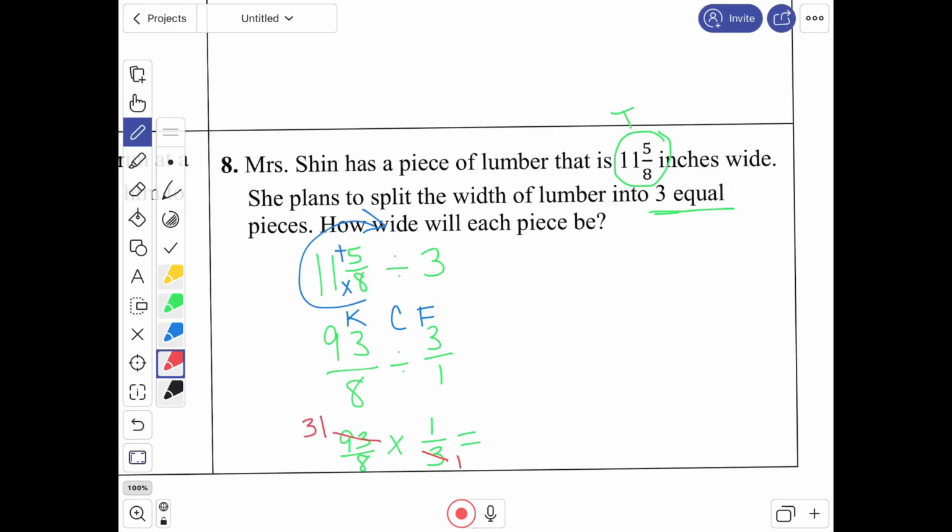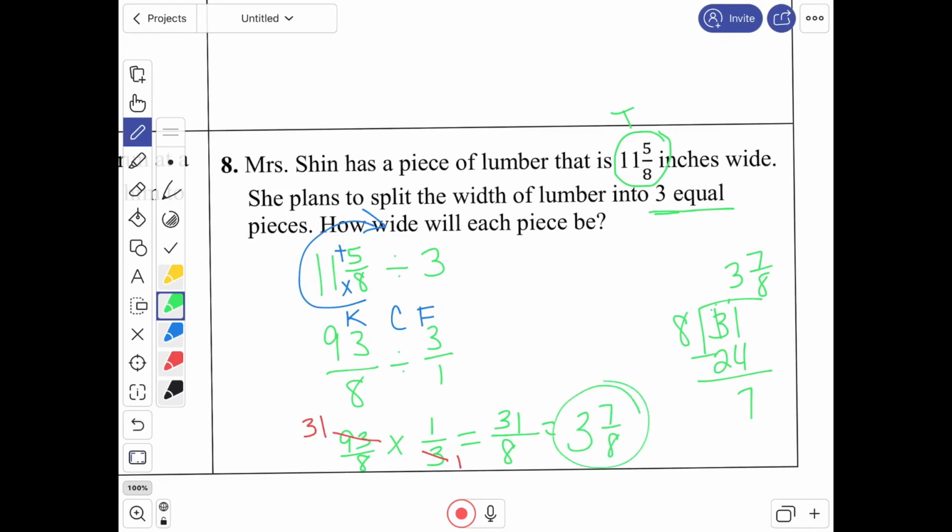So 3 divided by 3 is 1. 93 divided by 3 is 31. Then we go straight across. 31 times 1 is 31. 8 times 1 is 8. And that is improper, so we divide it out. 8 goes into 31 3 times with 7 left over. So this is equal to 3 7/8.